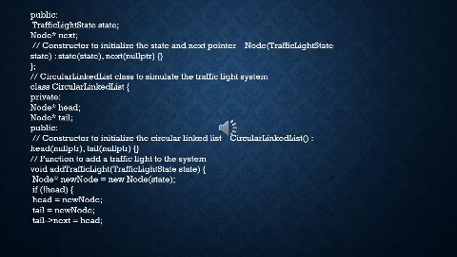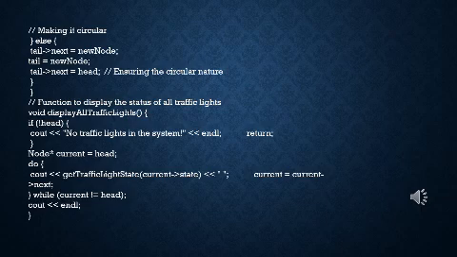If the list is not empty, set the next pointer of the current tail to point to the new node. Set tail to the new node. Set the next pointer of the new tail to head, ensuring the circular nature.